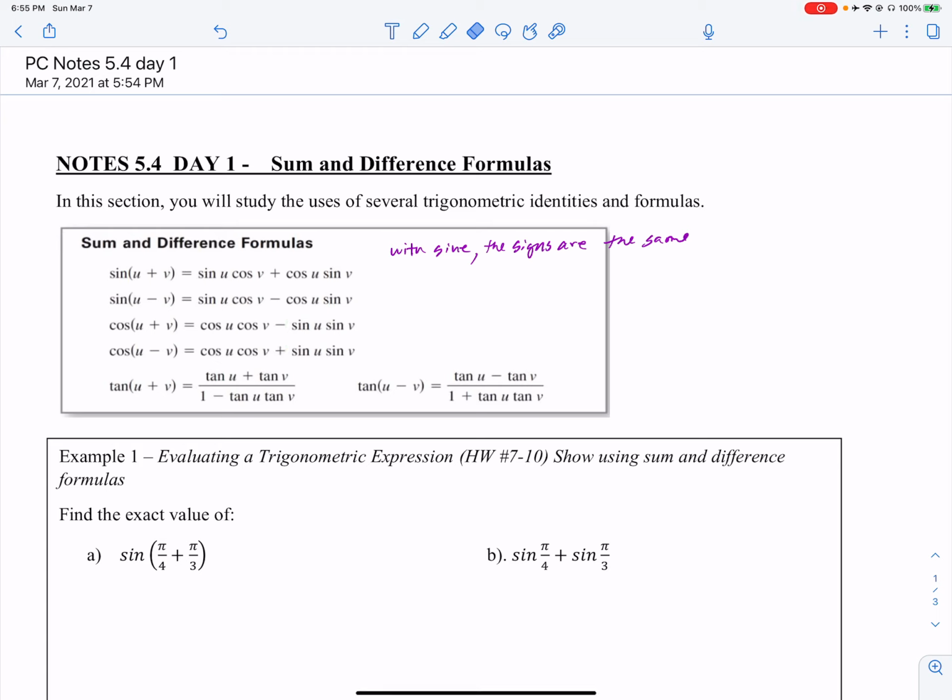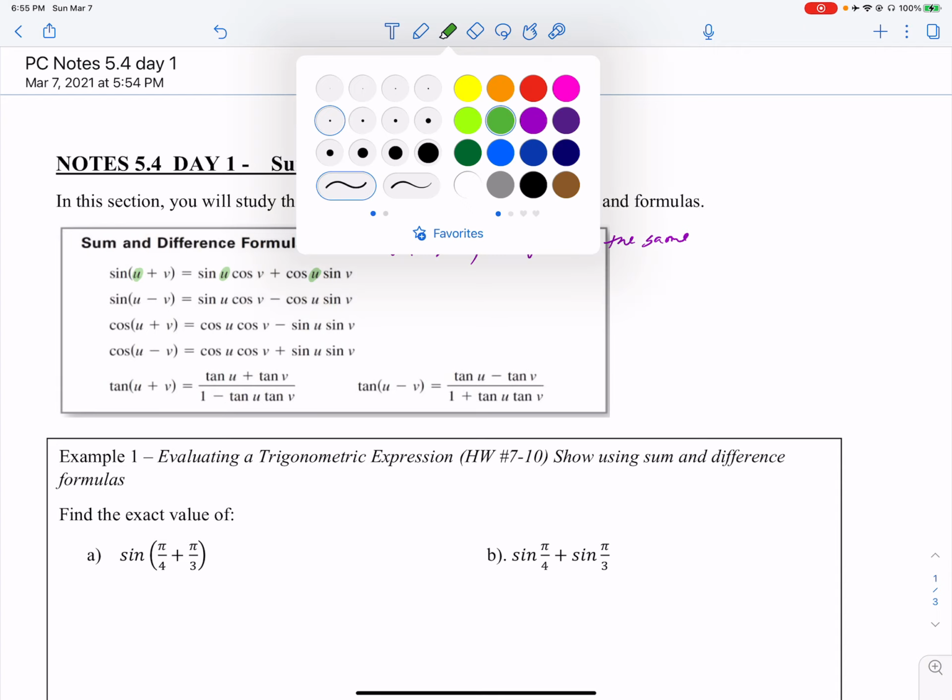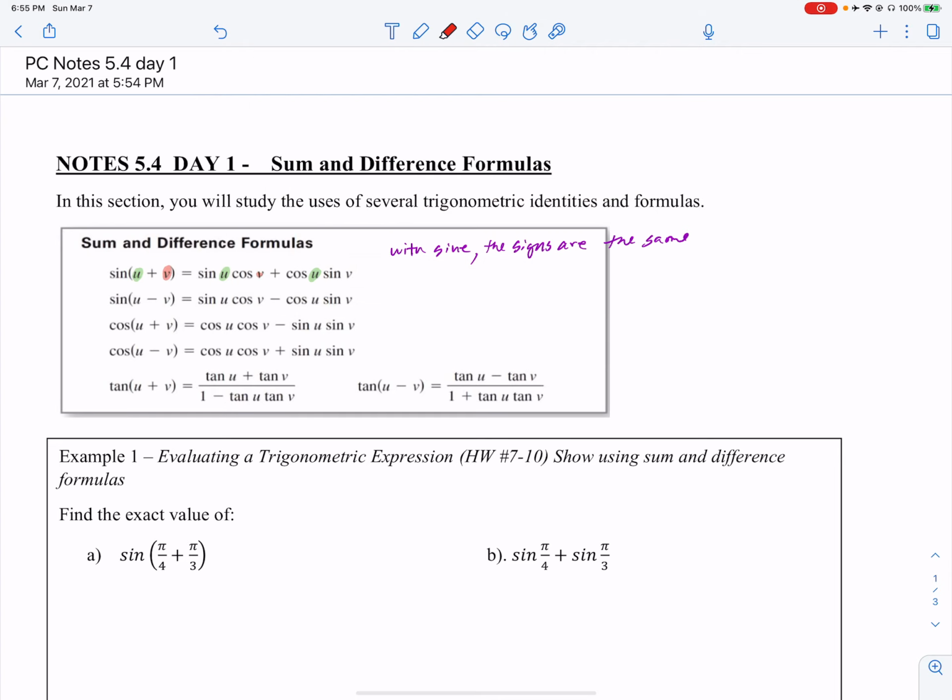So anyway, some other things to note is this angle here you'll see in the first spot in each of those, and that's the pattern I want you to follow, while the second angle you'll see in the second spot. And that's true throughout.